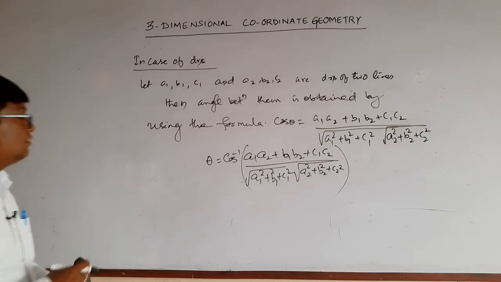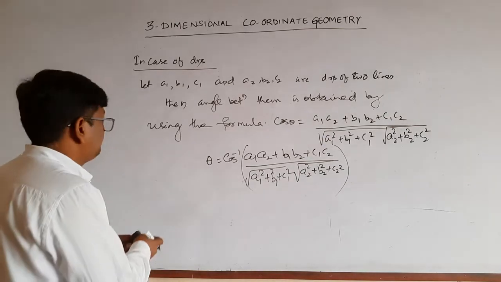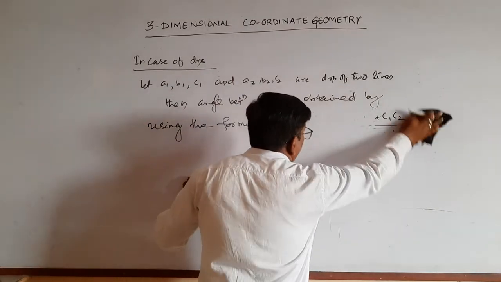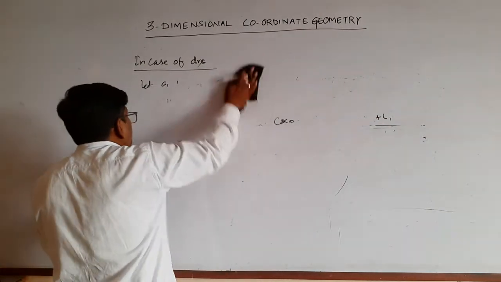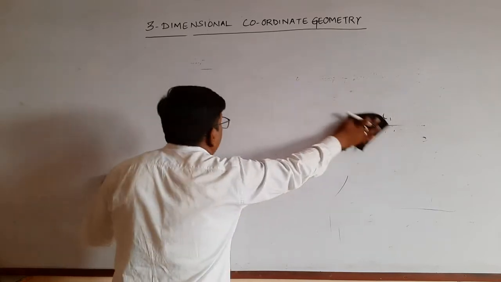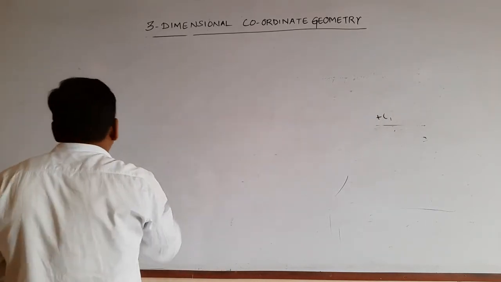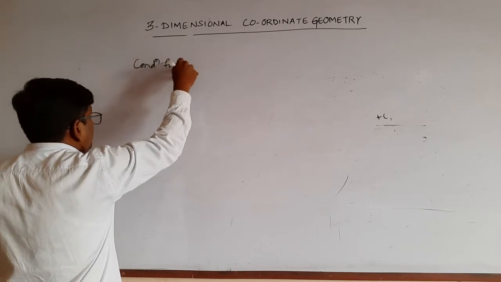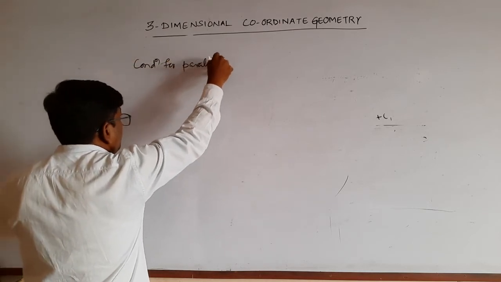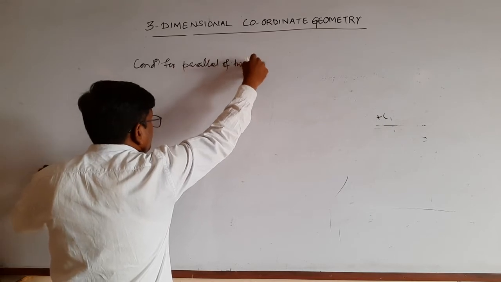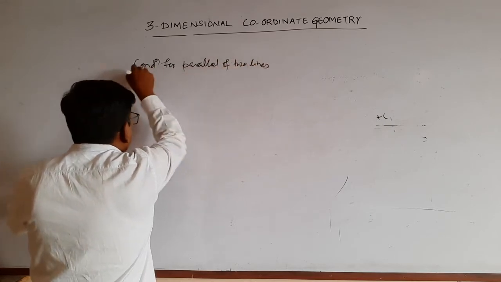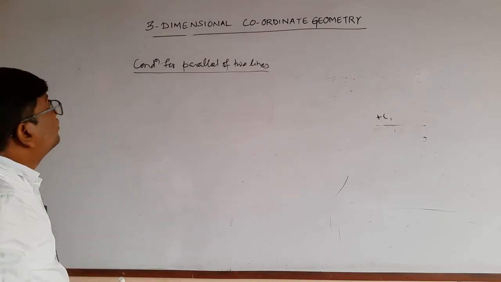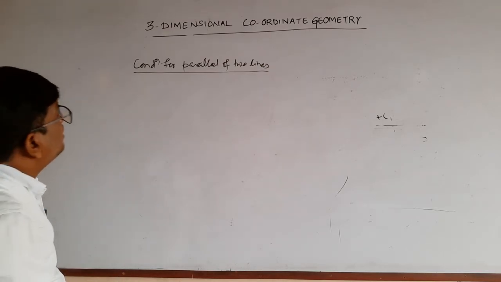Now, what is the condition for parallel? If theta is equal to 0, then the two lines are parallel. This is the condition for parallelism of two lines.